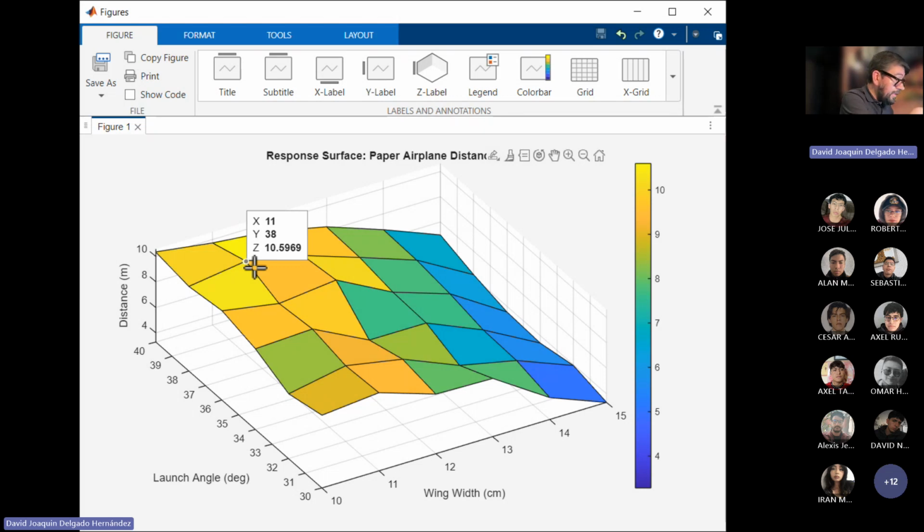So it will be 11 in the wing width. The angle, the launch angle, it will be 38. And the expected distance, it is 10.59. Okay, 10.59. Okay, so let me go back to the Word file.